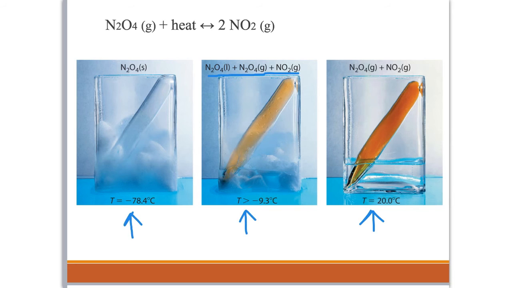You've just got the two mixtures of the gases at a much higher proportion, and so you've got a much darker color. So instead of having a reversible reaction where you're going back and forth between the solid and the gas, we actually have moved all the way to the gas in this final point.